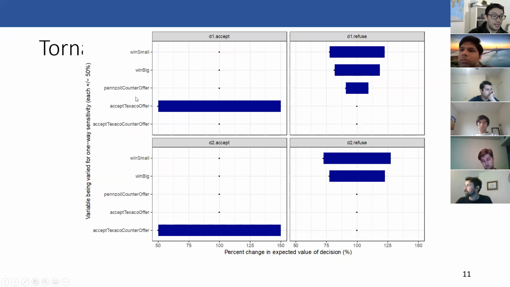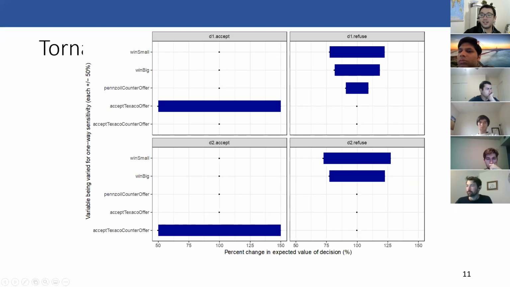In this case, what we're doing is varying each of these parameters by plus or minus 50%, and that particular choice is kind of arbitrary, but you can imagine in a real world example where you actually have a good sense of how much a particular parameter can vary, you would just do it by the low and high end of what you can imagine there.